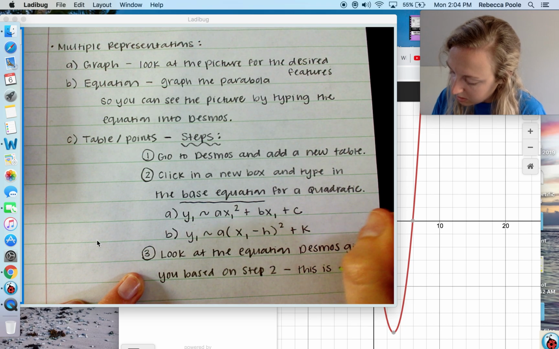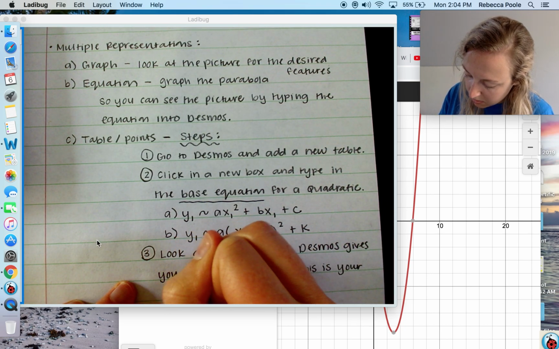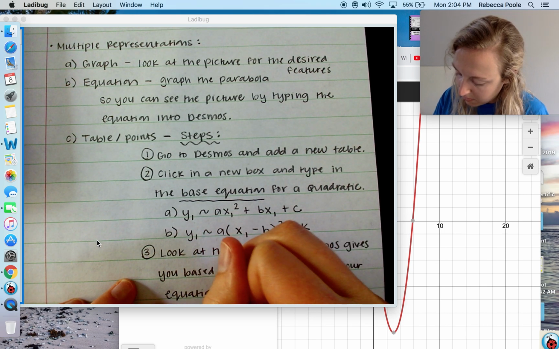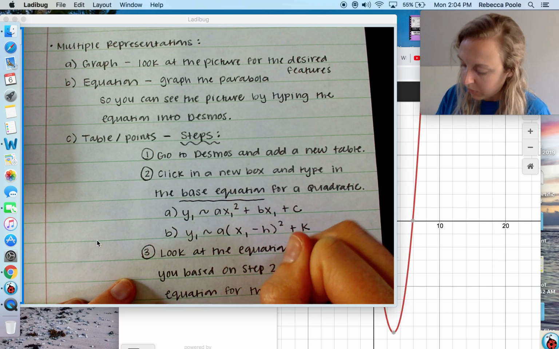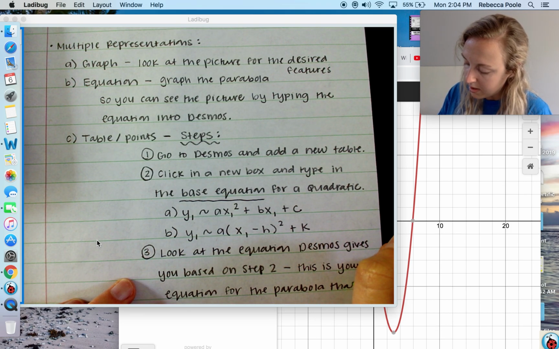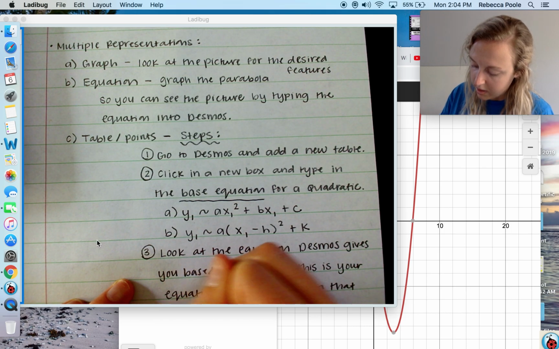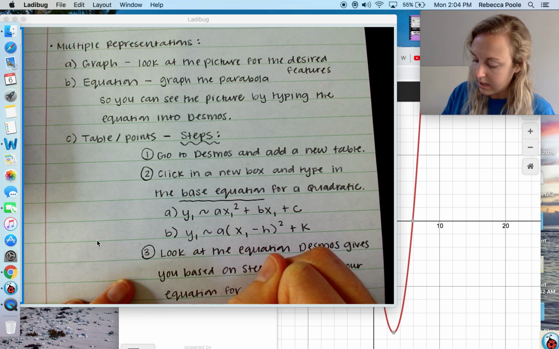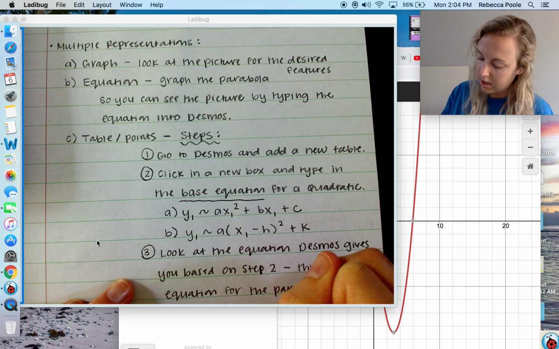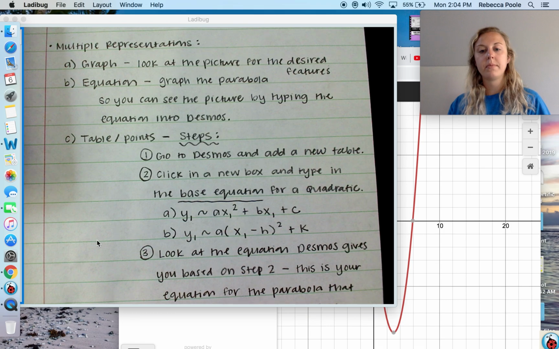This is your equation for the parabola that best fits the given data points. Okay.